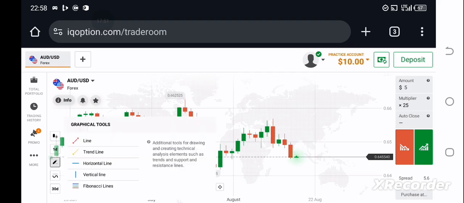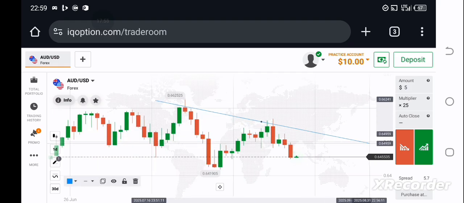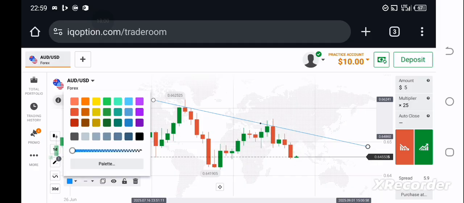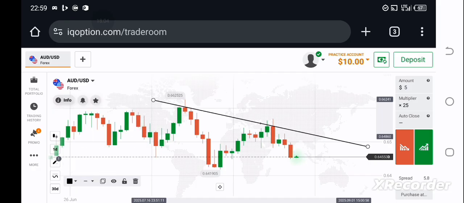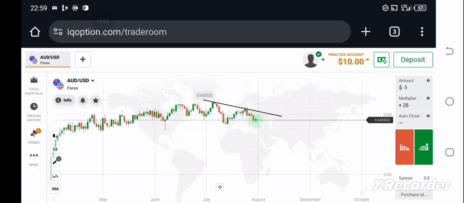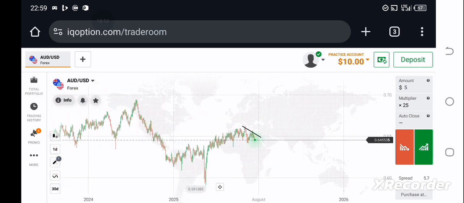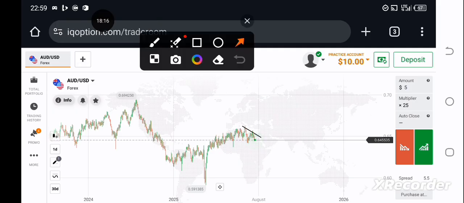this is the next market situation. Initially the market was going up, the uptrend started from here and it started moving like this.